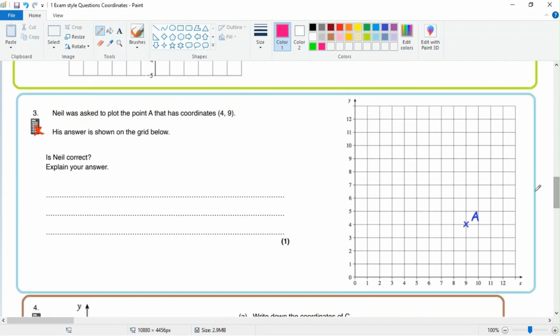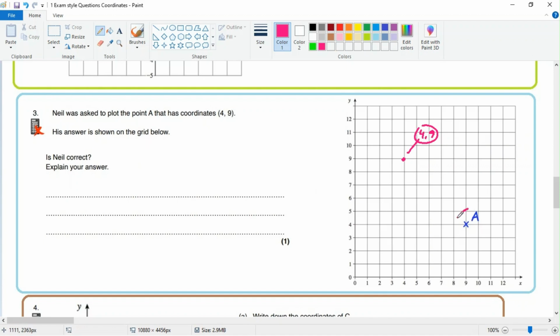Now comes, Neil was asked to plot the point A that has the coordinates 4, 9. That means x is always going to be 4 and 9 is going to be somewhere over here. So this is 4, 9, while his answer is shown on the grid.